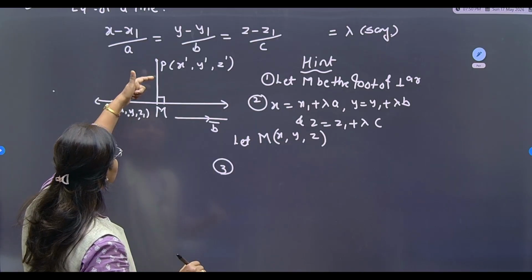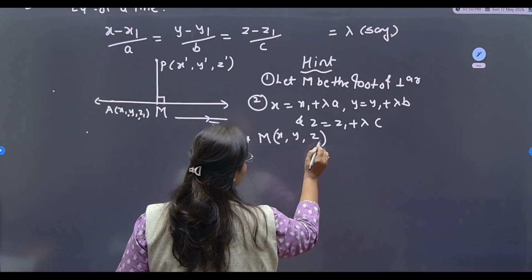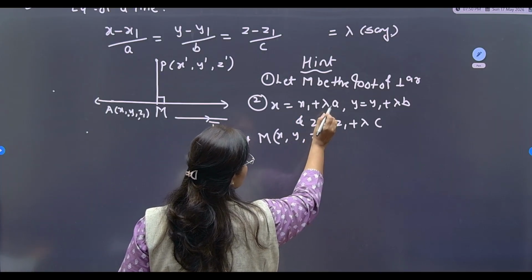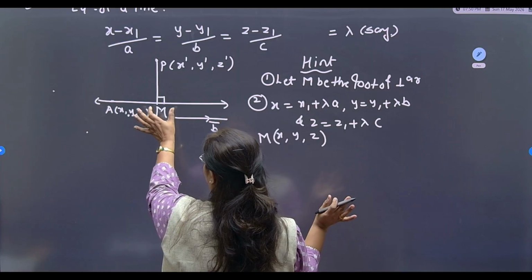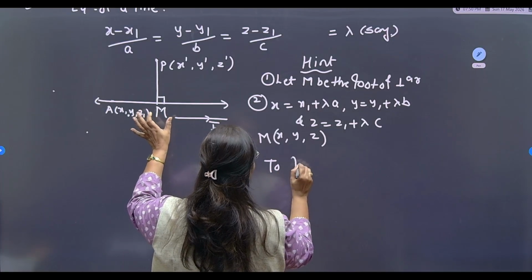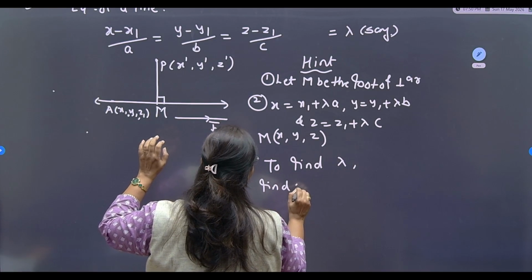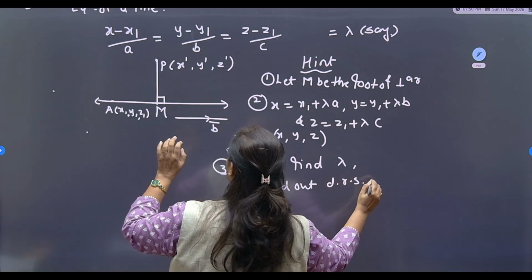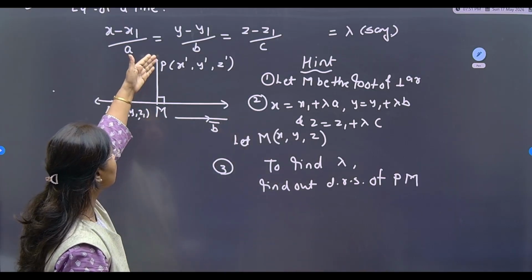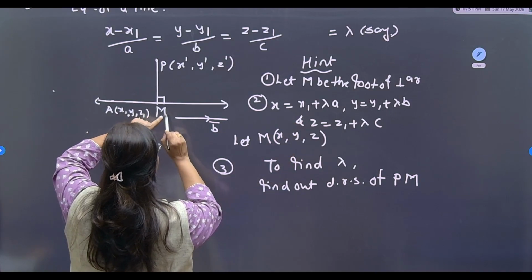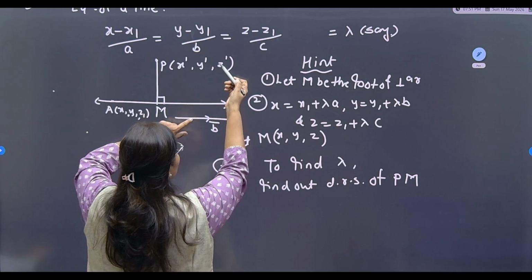The next step is to find the direction ratios of PM. M equals x, y, z, where x is x1 plus lambda a, y is y1 plus lambda b, z is z1 plus lambda c. These are the coordinates of M. To find lambda, find the direction ratios of PM: next minus previous, that is x2 minus x1, y2 minus y1, z2 minus z1.